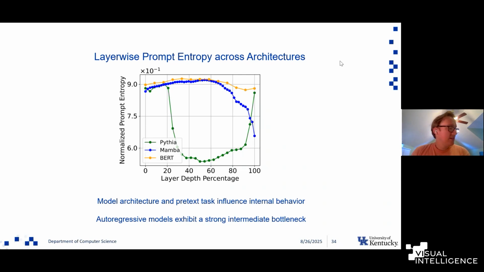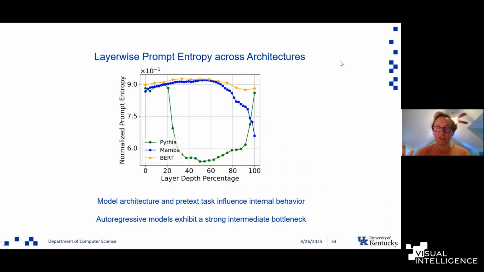And recall that the middle layers are the highest performing layers on these models. So these more abstract, more compressed representations are what is actually more performant on downstream tasks.